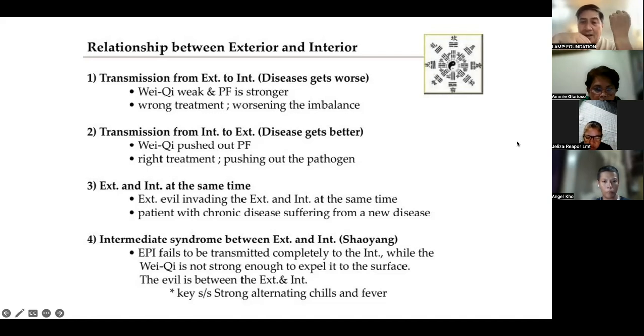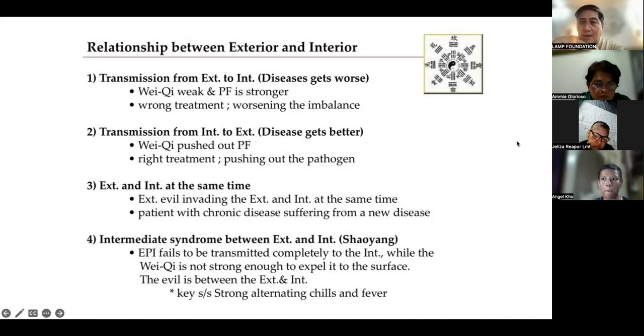Yung Taiyang, ito yung great yang. Yung ayaw natin mangyari, yung bright yang. Extreme yang. So, Shaoyang. Half-half. So, ibig sabihin, yung external pernicious influence fails to be transmitted completely to the interior, while the Wei Qi is not strong enough to expel it to the surface.